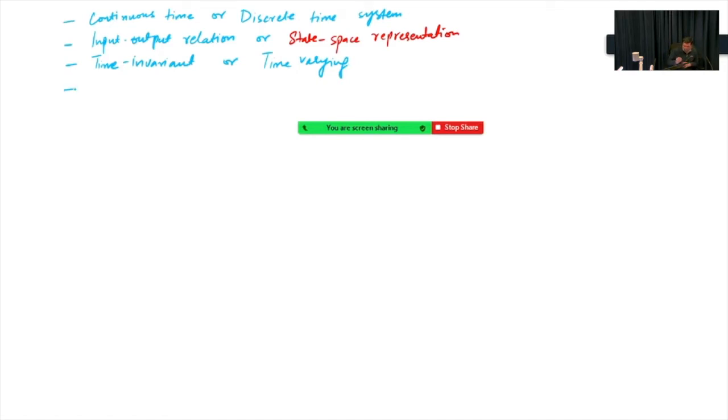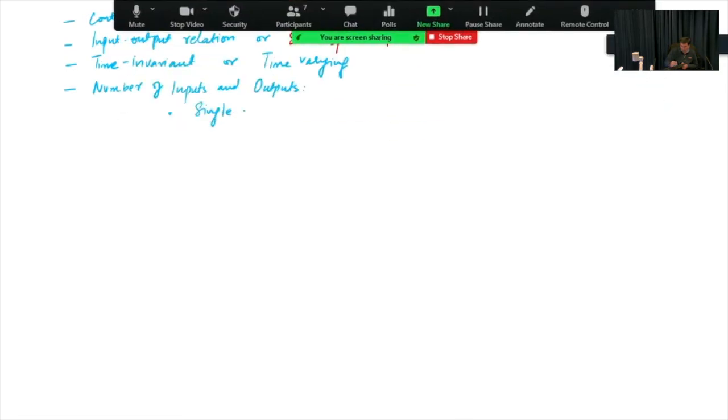And then we can also classify them in terms of the number of inputs and outputs that the system has. Okay, so number of inputs and outputs. So when we say number of inputs and outputs, we mean that there can be a single input and single output system.